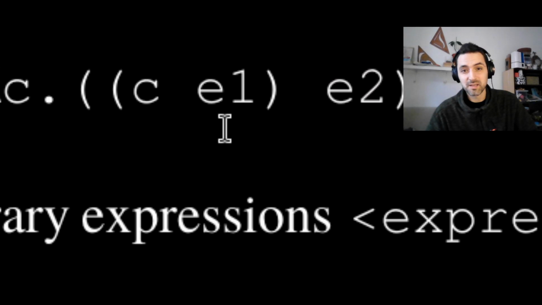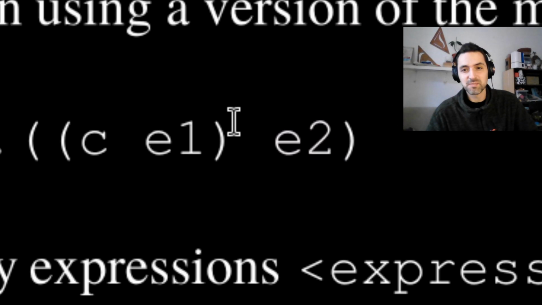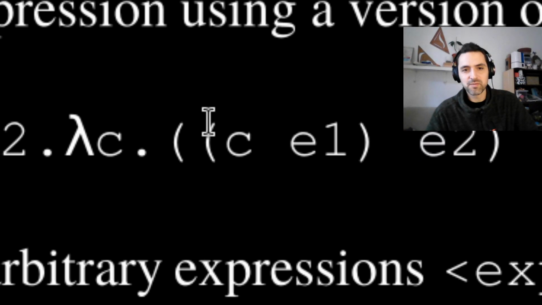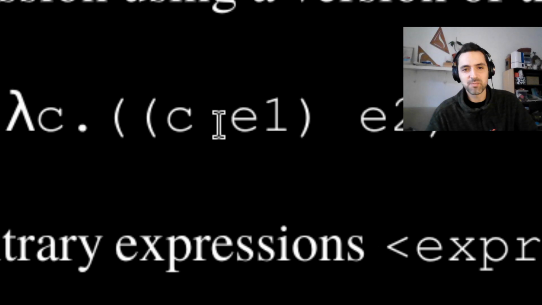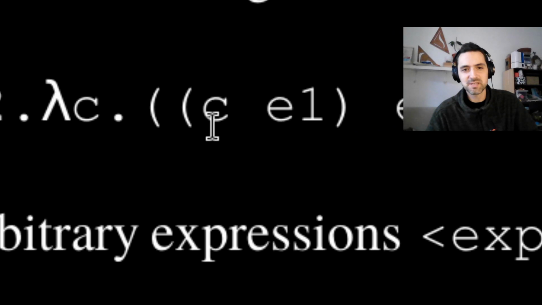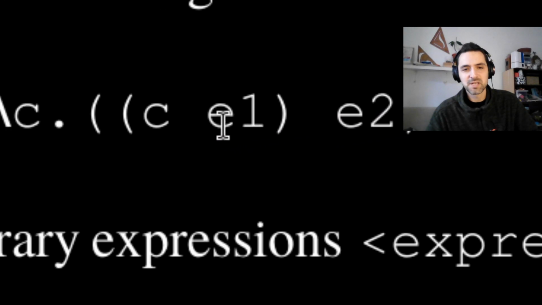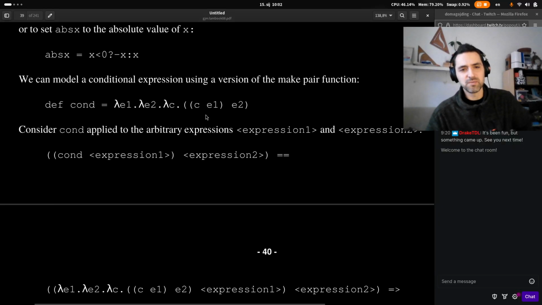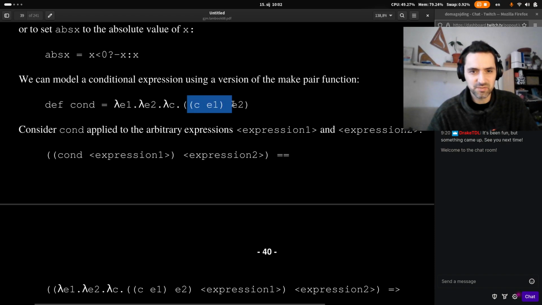If you want to see it, you can put parentheses around this and then around this, to get a visual representation. But if you just write C, E1, E2, it's implied. It's written here just to make it easier to understand.